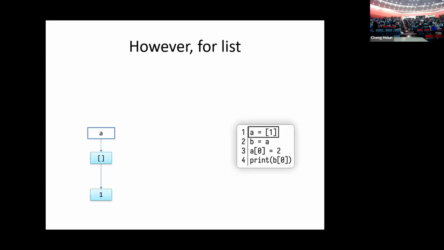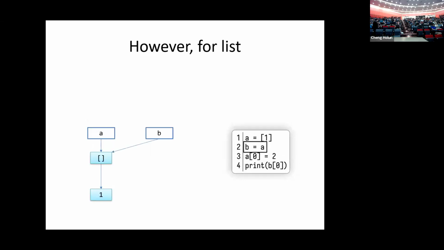So if you rerun the list, I want you to use the box representation. A has a list. The list has a 1. What do you mean by B equal to A? B equal to A like this. B actually refers to the same list of Alice when you're doing list equal to another list.